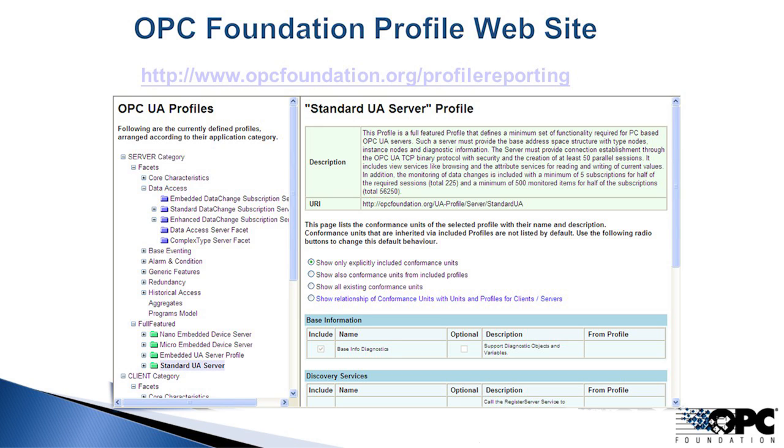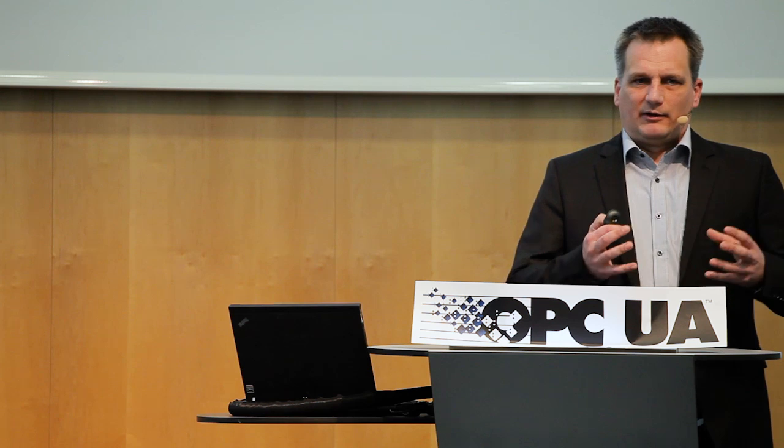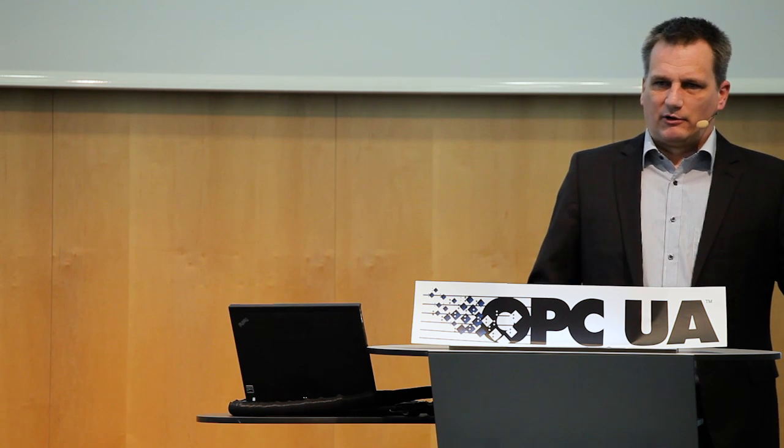There are very small profiles as well. There's an embedded, a nano and a micro server profile, describing a very, very small set of functionality. That OPC server is then very small and can run in a very small, limited embedded device, like, for example, a very small sensor.